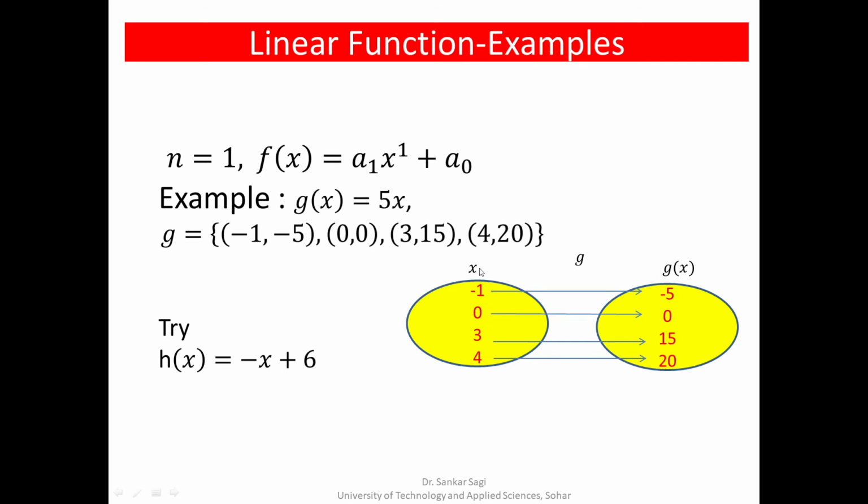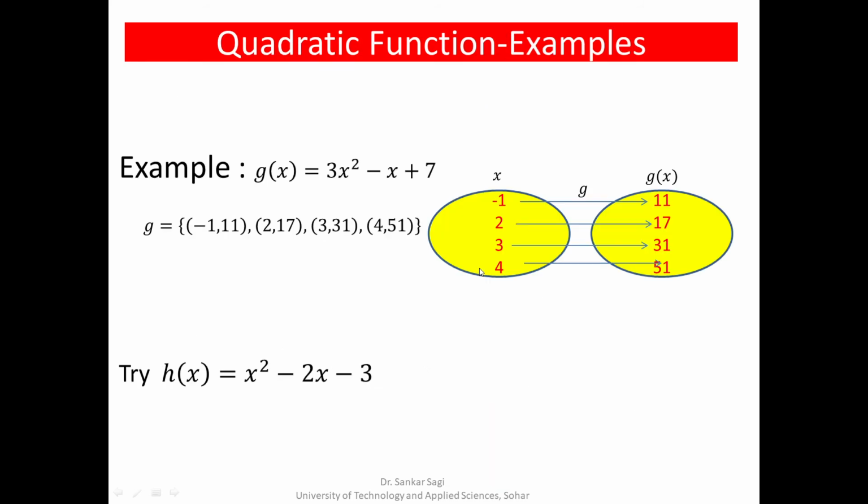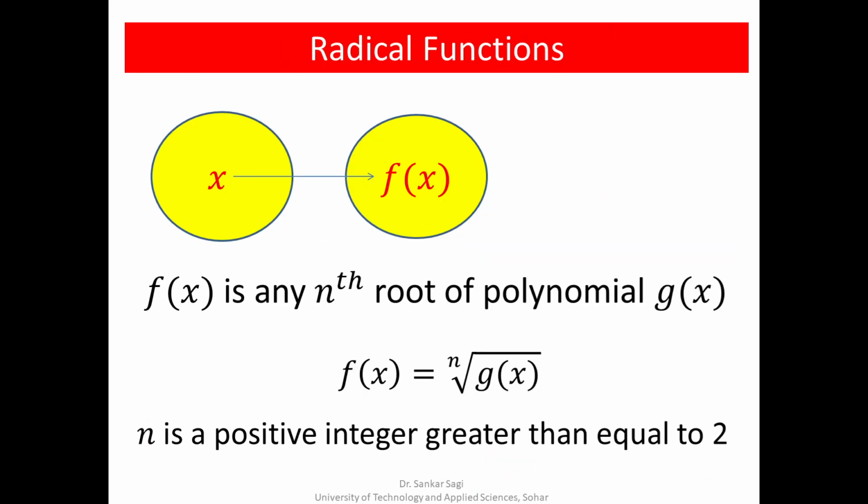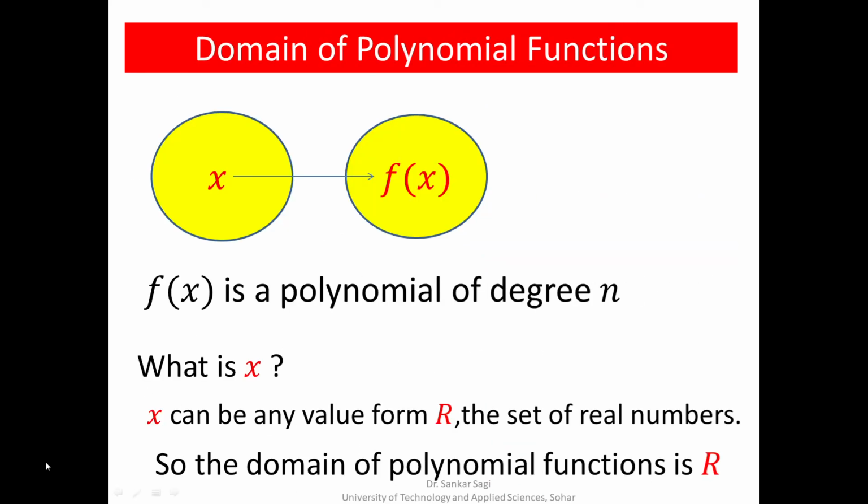So for the polynomial function, you can take any value for x, and that value can be any from the set of real numbers. Therefore x can be any value from R, where R is the set of real numbers. So the domain of polynomial functions is R.